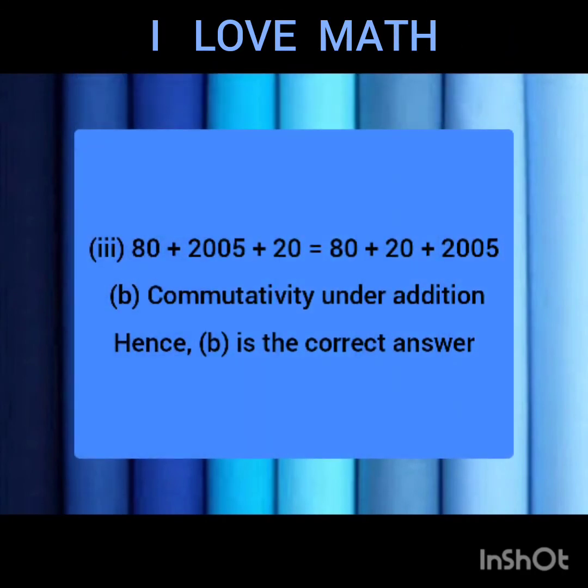Now, third is 80 plus 2005 plus 20 equal to 80 plus 20 plus 2005. This is commutativity under addition. So, B is the correct answer.